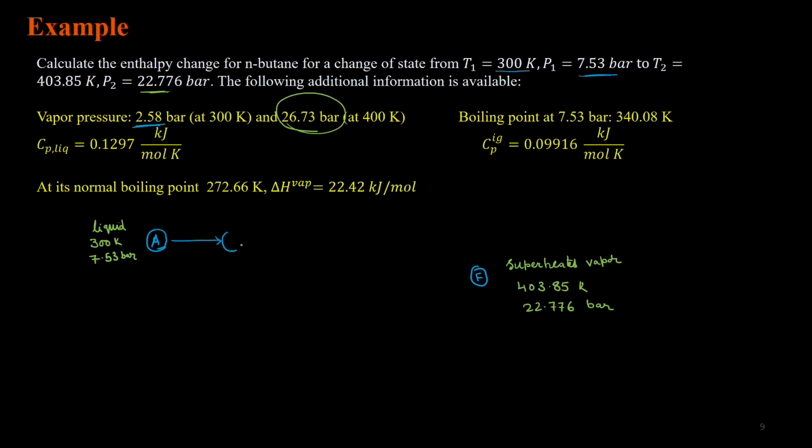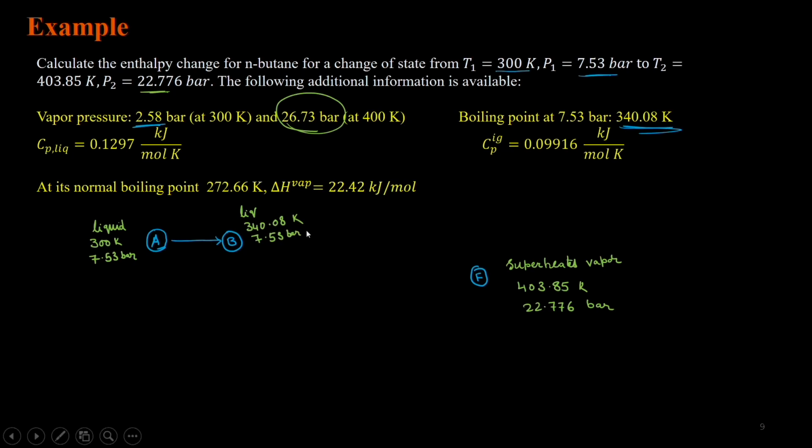One of the ways to do it, I should say. I would change the state of this liquid at 300 Kelvin and 7.53 bar to its boiling temperature. Remember, the boiling temperature is given to us, it is 340.08 Kelvin. So I'll make it a liquid at 340.08 Kelvin and I will keep the pressure as it is, 7.53 bar.